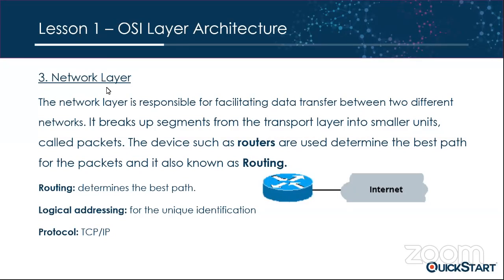It receives a segment from the transport layer and encapsulates it with a header that contains the sender IP and receiver IP. After this, it goes to the data link layer, which is also known as the switch layer, right?